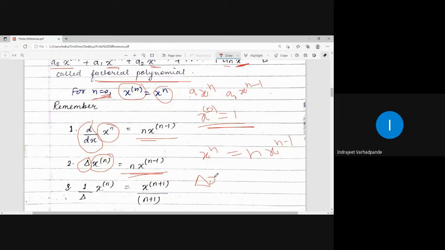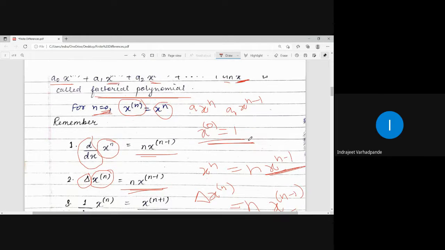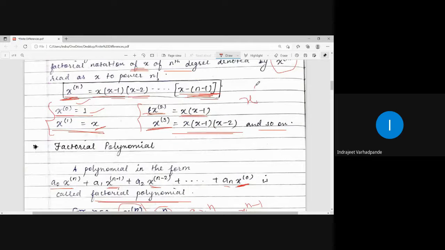Delta operated on x to the power n factorial is n into x to the power n minus 1 factorial. X to the power n minus 1 and x to the power n minus 1 factorial are two different quantities. X square is different and x to the power 2 factorial is different, right?